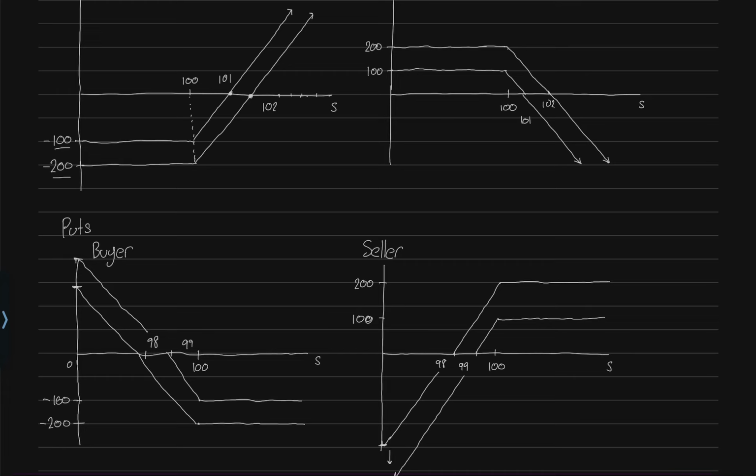In the buyer's case, he wants the premium V to be as low as possible, whereas the seller wants the premium to be as high as possible.